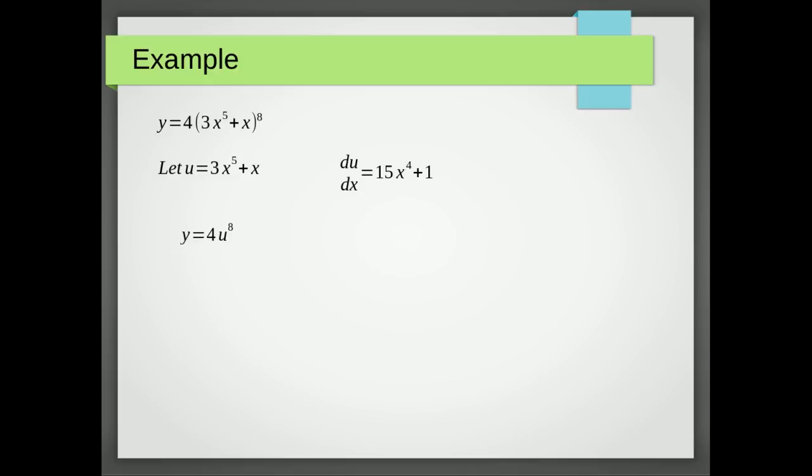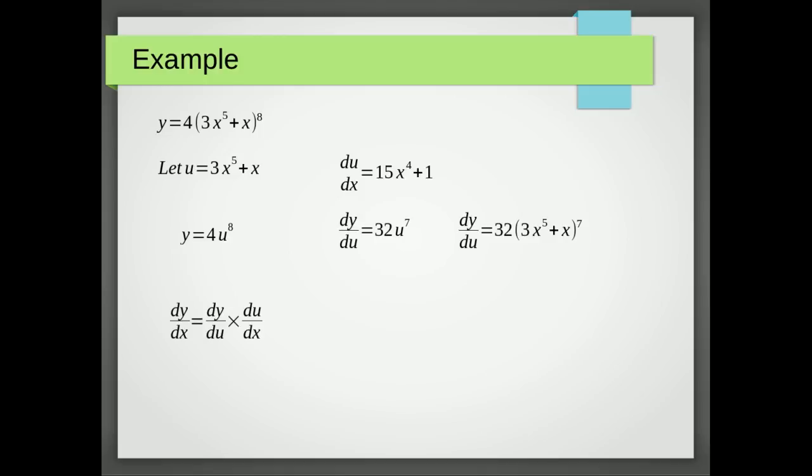So we can differentiate y with respect to u now, so we get dy du equals 32u to the 7. But we know that u is 3x to the 5 plus x. So we're going to change that u back for 3x to the 5 plus x. So we get dy du equals 32, open bracket, 3x to the 5 plus x, close bracket, to the power of 7.